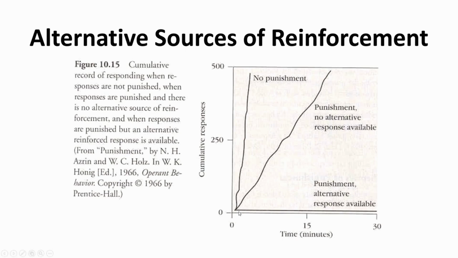But if we make the other lever also available, so they can press either lever, either the one that produces a loud aversive sound or the one that does nothing, we're going to see a lot less of that aversive lever being pressed and a lot more of pressing the other lever. By giving them an alternative response, they would choose to do the alternative response over the response that leads to an aversive outcome.